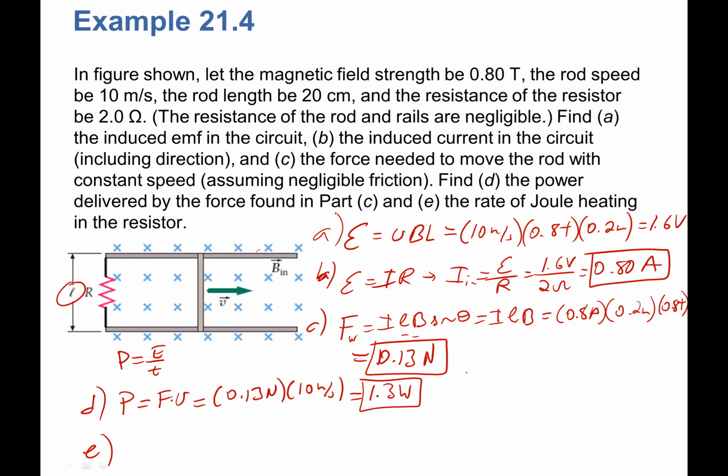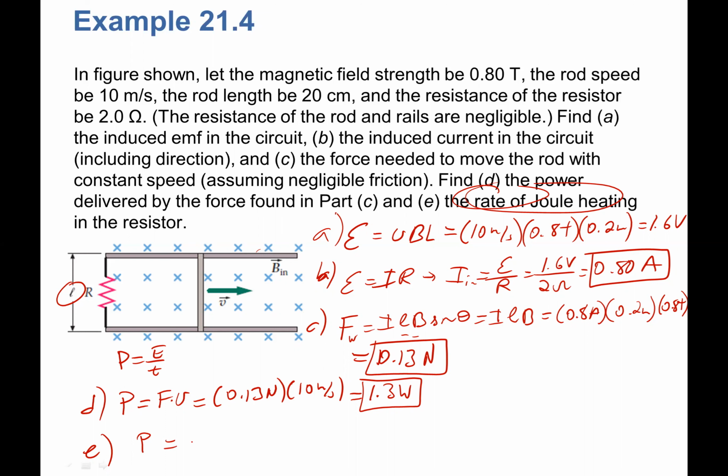It means what is the power, or energy dissipated, by the resistor? The rate of joule heating means the amount of energy dissipated by the resistor as a function of time. That means power of that resistor.